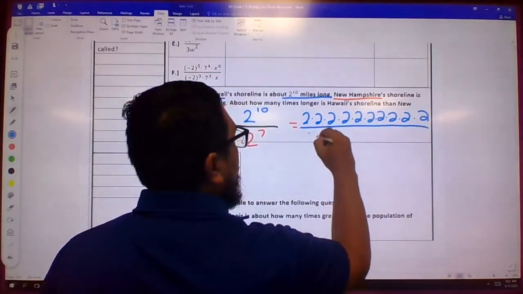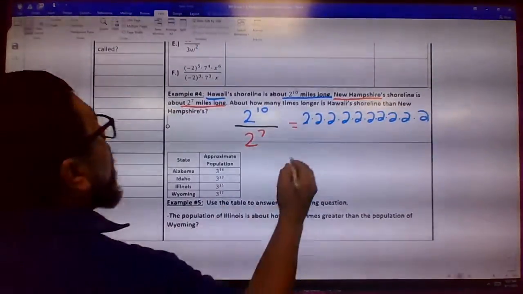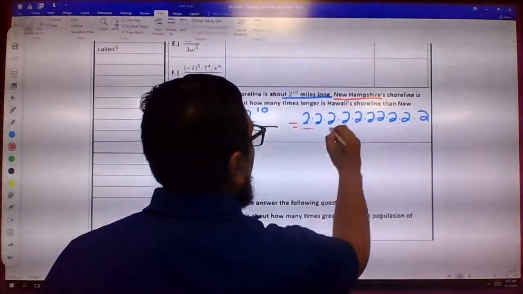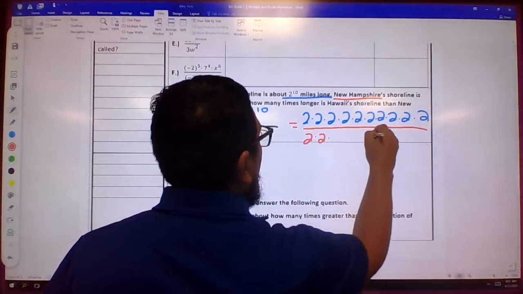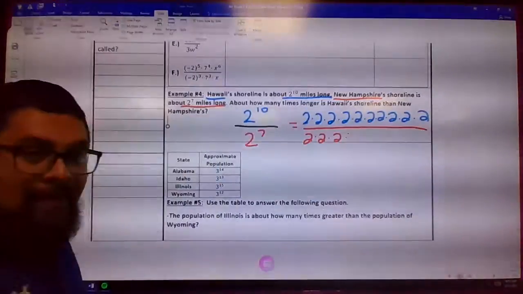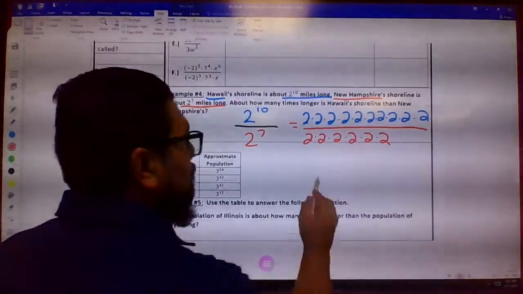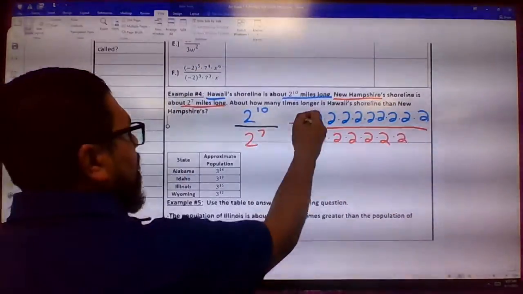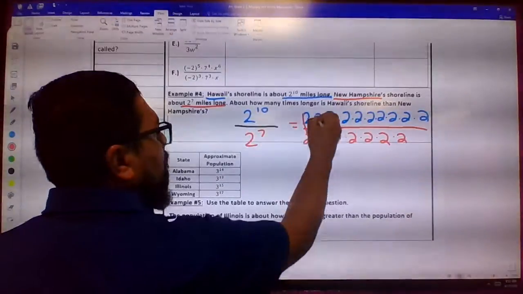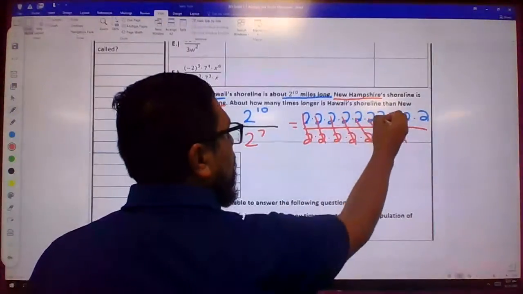And then this one is 2, 2, 2, 2, 2, 2. I believe that's 7. You see. It's lagging, I'm sorry. 6, 7. So, okay, let's cross it off. Cross, cross, cross, cross, cross, cross, cross.